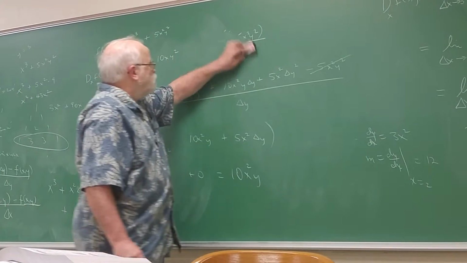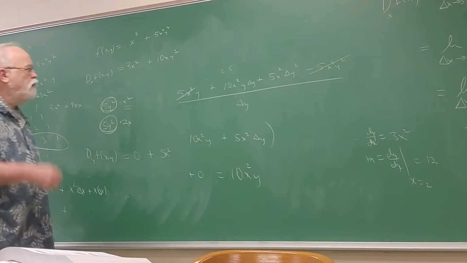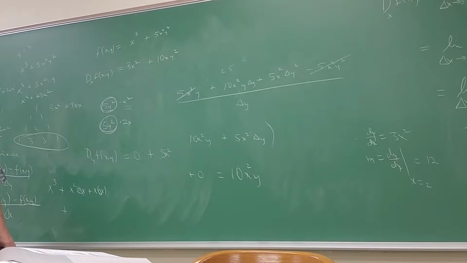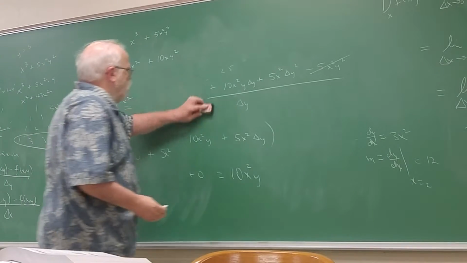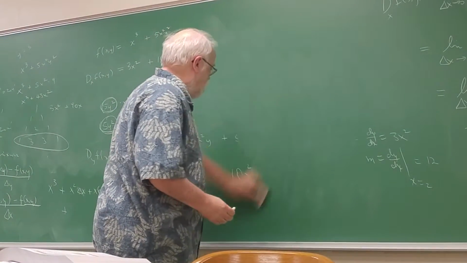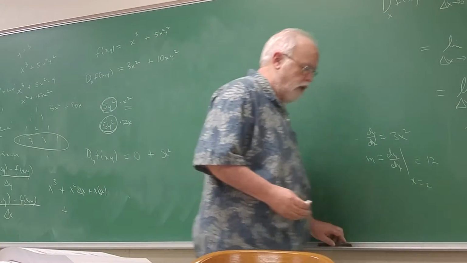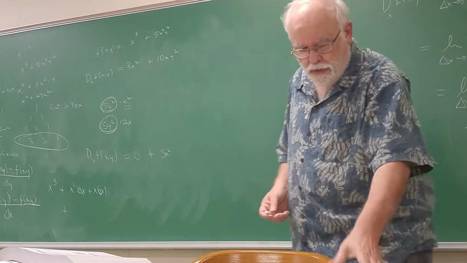But anyway, don't put those y primes in there. But if you do, then simplify. Let's see, what's y prime? Derivative of y with respect to y is 1. So y prime would be 1. Okay. That's the last limit I'm going to do as far as calculating derivatives is concerned.